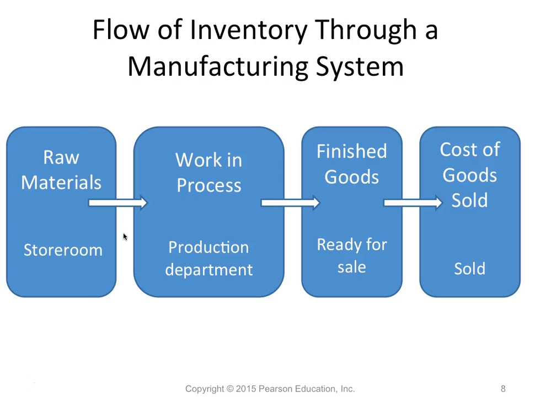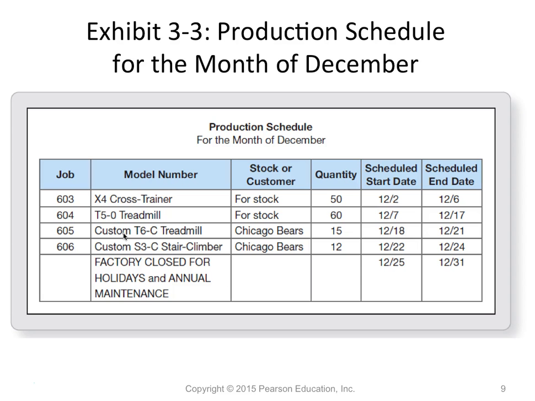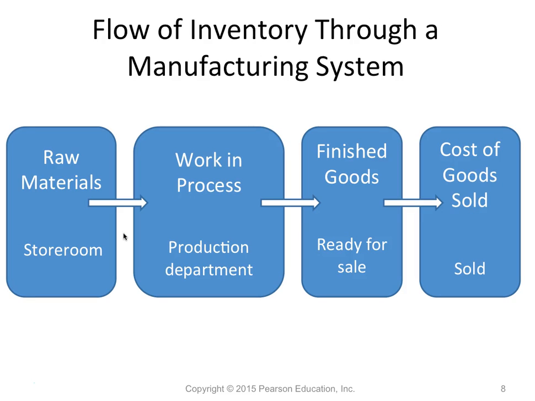So here are some basics on how the inventory flows throughout the manufacturing system. First is the raw material. You get some raw material, for example, making furniture. You're getting some wood, treated or not, and let's assume it's treated.